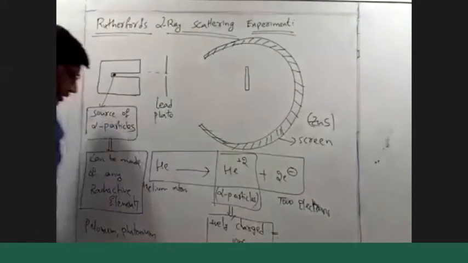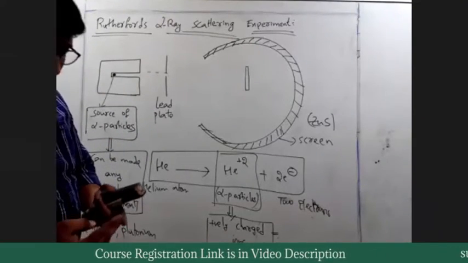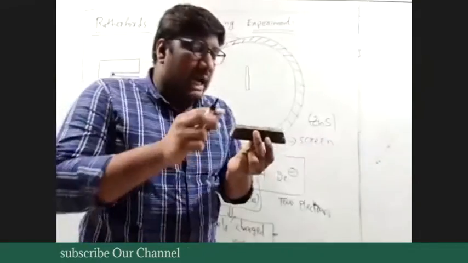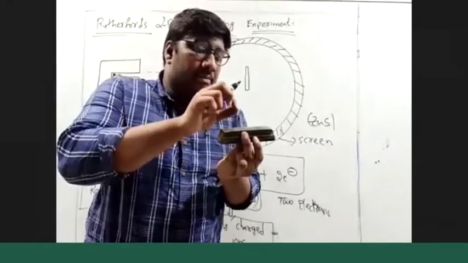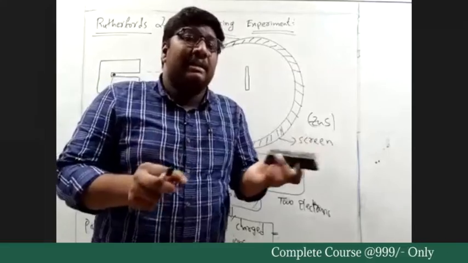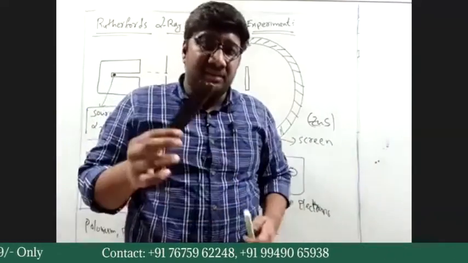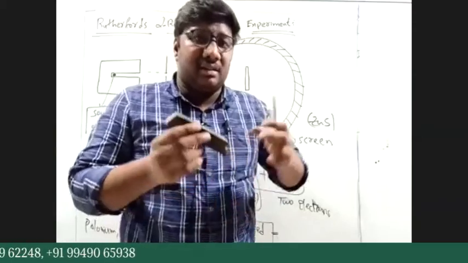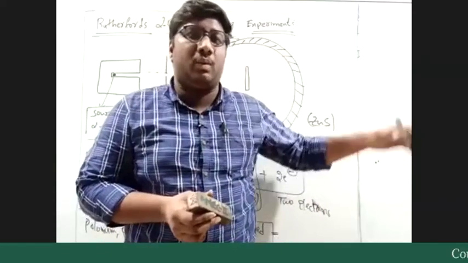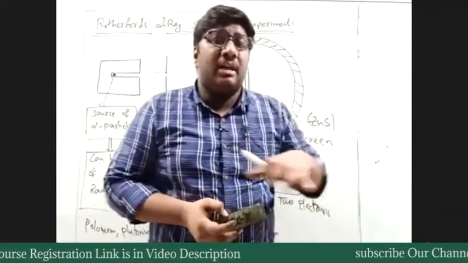Okay. So from the source, we'll generate alpha particles, that is positively charged ions. Whenever I remove an electron from the metal, that electron will have velocity. Initially, it is stuck to the metal. Initially, any electron or any ion is stuck to the atom of any metal. So if you take aluminium metal, it has many electrons.